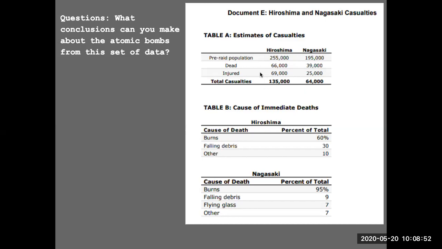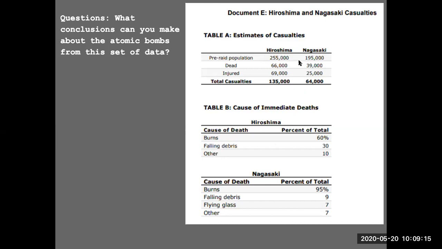Injured, we had 69,000 people. So in total, 135,000 people had passed away. So that's more than half of their population was killed or injured during that bomb.